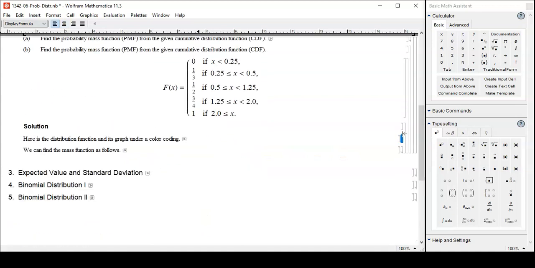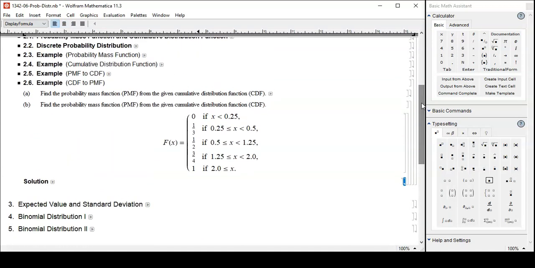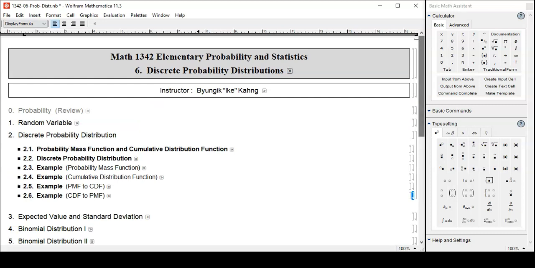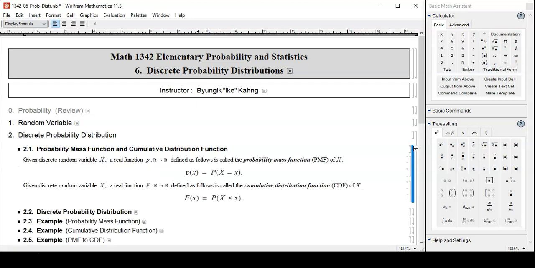All right. So we went through a couple of extremely important examples, finding PMF from CDF and then finding CDF from PMF. So if I go back to over here, conceptually, what does that mean? What do you mean by probability distribution? Originally, I defined it like this: PMF and CDF put together as a single entity, and I named it a probability distribution.